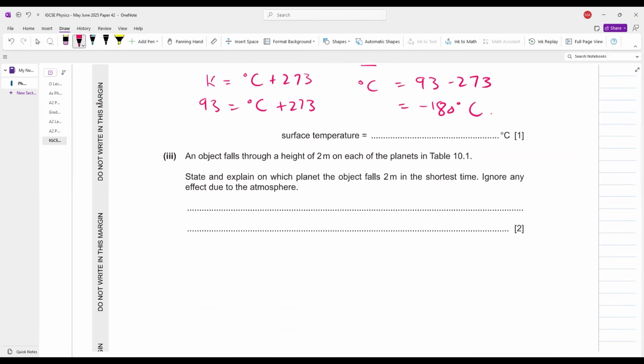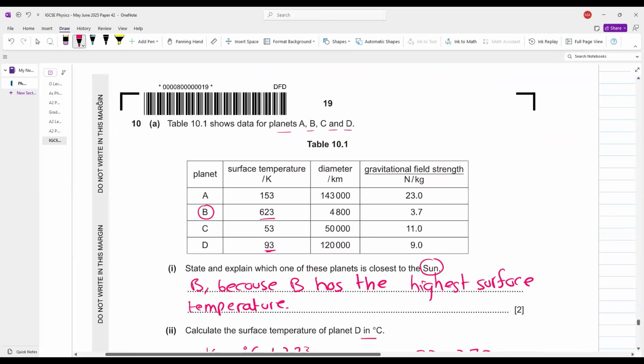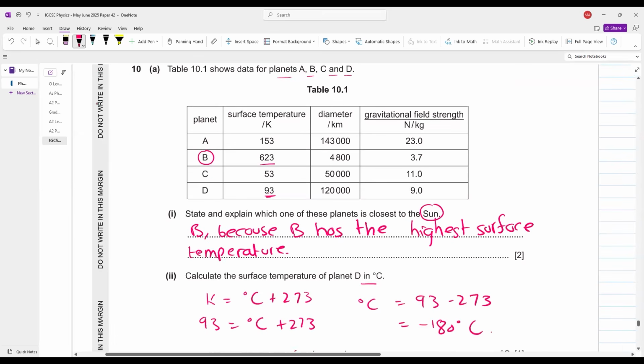An object falls through a height of 2 meter on each of these planets in table 10.1. State and explain on which planet the object falls 2 meter in the shortest time. बेटा ऑब्जेक्ट 2 मीटर शॉर्टेस्ट टाइम में किस प्लैनेट पे फॉल करेगा?